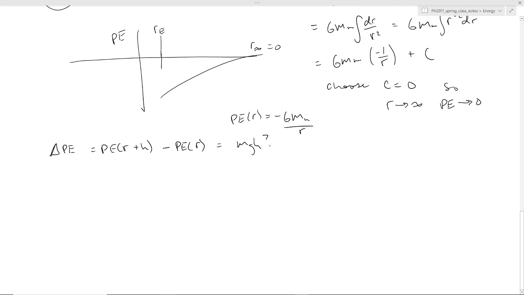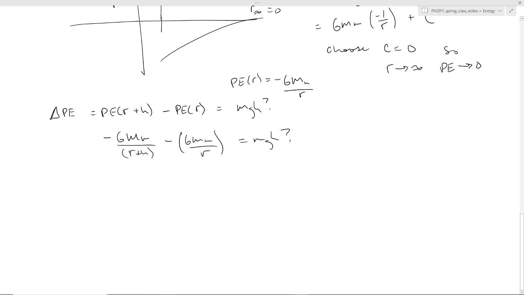Okay? So in other words, we can state this as negative GMm over r plus h, minus negative GMm over r. Does that equal mgh?